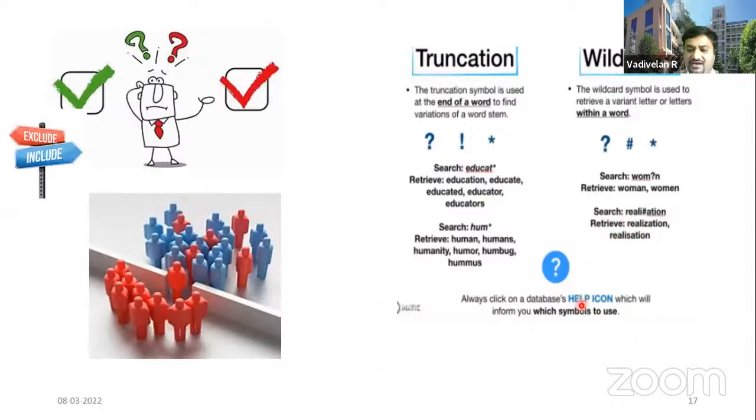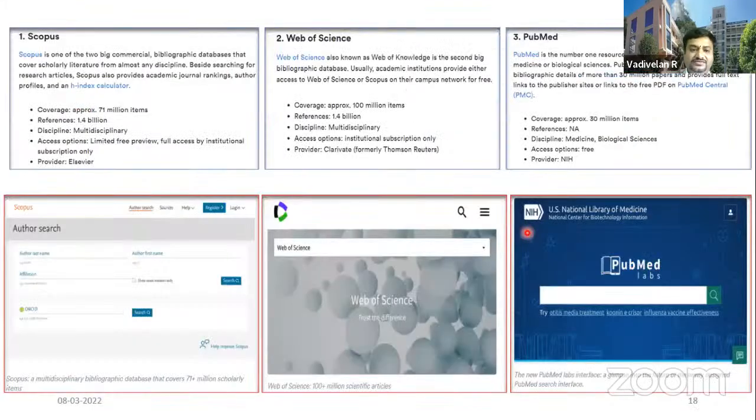Sometimes we may ask the database help icon which symbol to use. So instead of blindly searching, we should have a proper way of how we can search and how we can refine it.